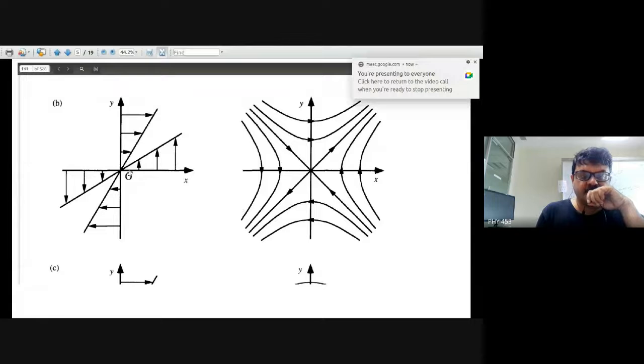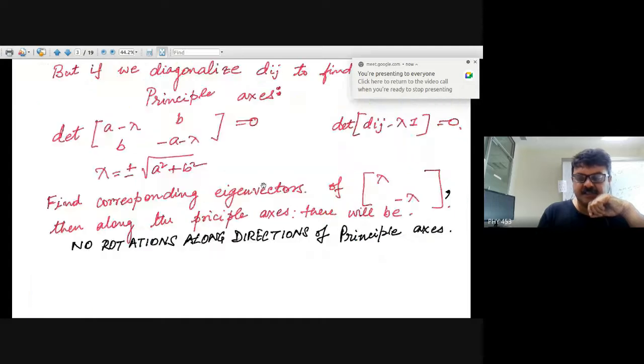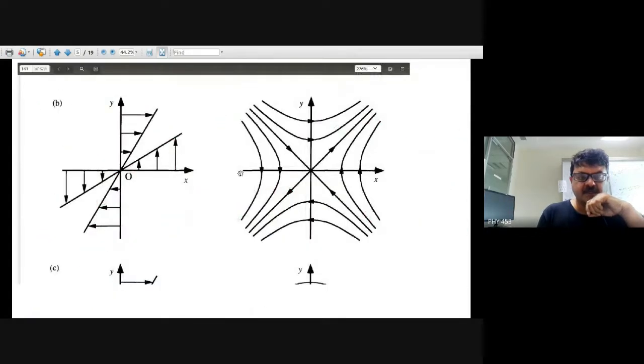So basically, with the flow field here, the y direction is changing. The velocity of y is changing along x. This is changing, and here the rotation is in the opposite direction.